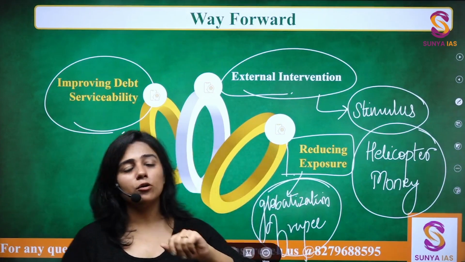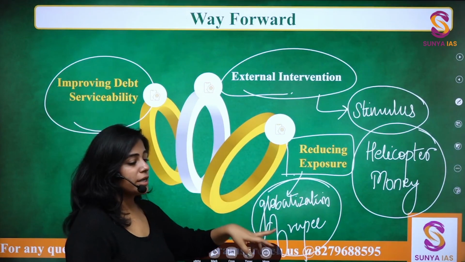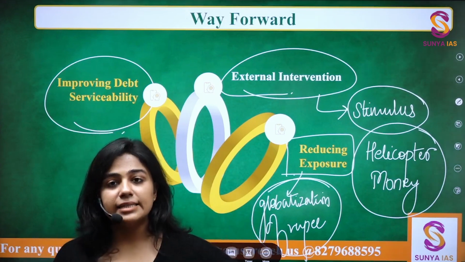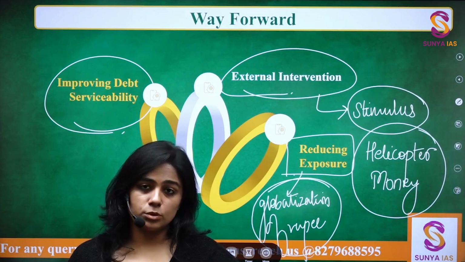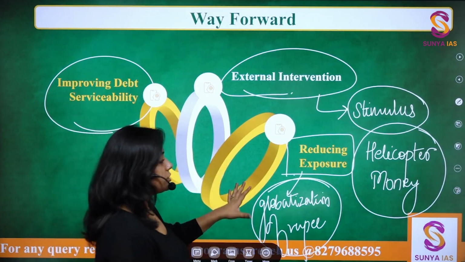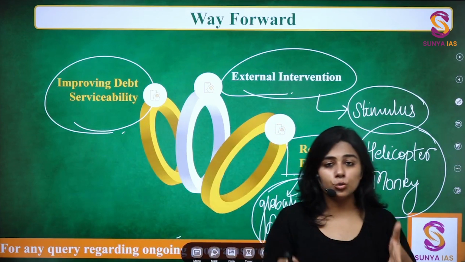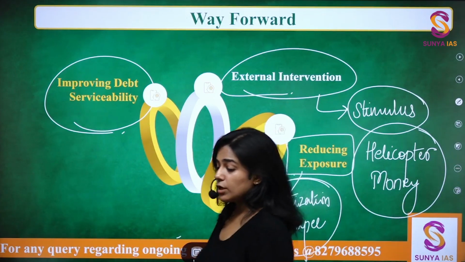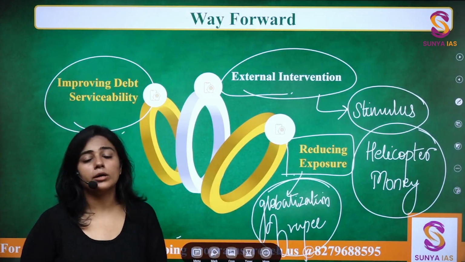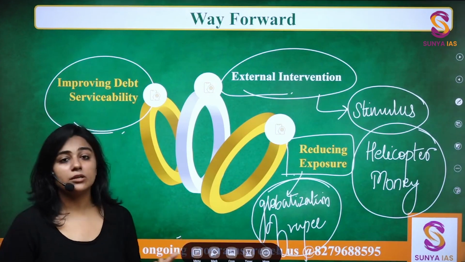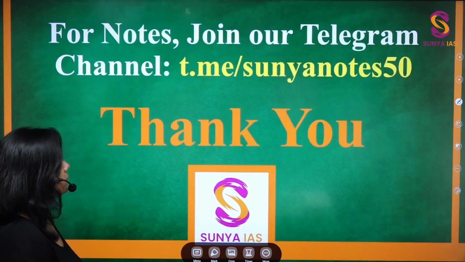And I also want to add over here that these points, whichever I'm writing, you need to write these points if you are not having the Sunya books, because the notes to these are there in the Sunya IAS GS books itself. But if you are not having that book, and if you're not planning to order that book as well, you need to make notes. Okay, that is there.